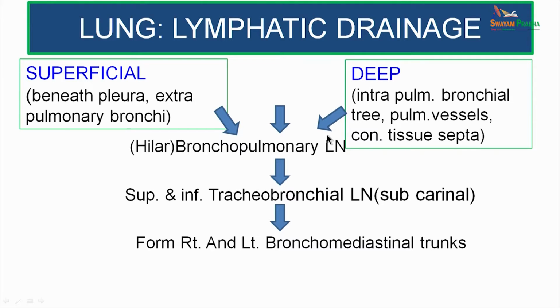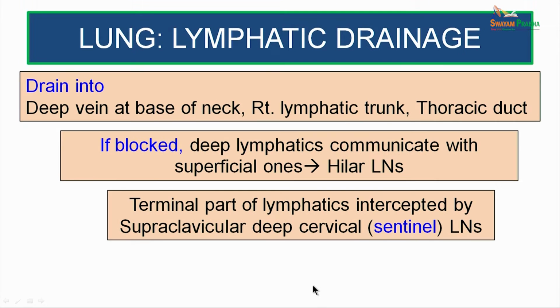Both the superficial and the deep vessels then pass on to the bronchopulmonary lymph nodes, which are located at the hilum, and these then continue into the superior and inferior tracheobronchial lymph nodes, which are located at the subcarinal region. Thereafter, they form the right and the left bronchomediastinal trunks. These trunks eventually drain at the base of the neck through the left lymphatic trunk or through the thoracic duct.